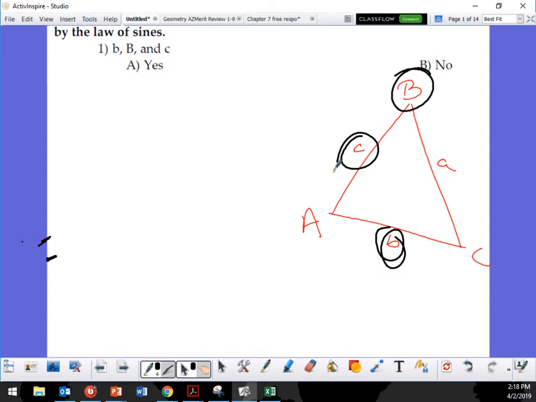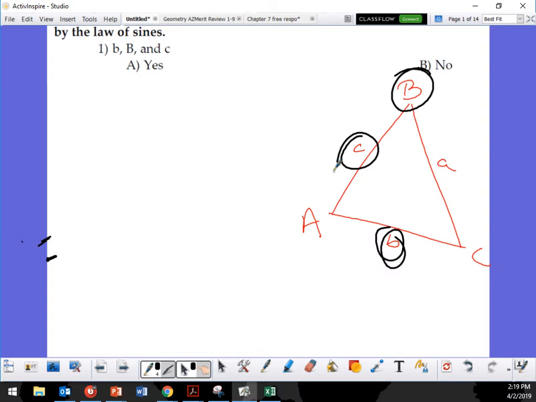Now, can we solve this using law of sines? Yeah, we can. But this is, what was the word? Ambiguous, thank you. It is ambiguous, so I can solve for this.